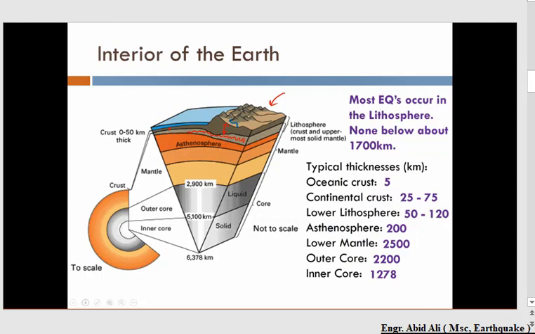Basically, if you go down beneath the ground surface, generally in those upper 200 kilometers, you are going to have almost all of the earthquakes occurring. But some earthquakes can occur in the asthenosphere and in the upper portion of the mantle. However, no earthquakes have ever been recorded below a depth of about 700 kilometers.